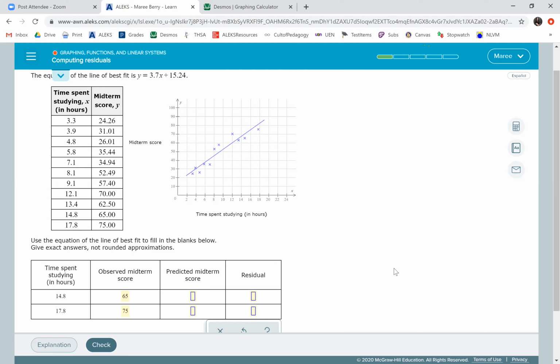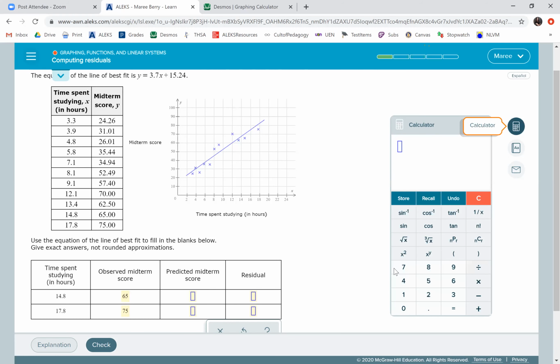Then we're going to type in 3.7 times 14.8 plus 15.24, which is 70. Oh, so I can see my residual already is 65 minus 70, negative 5.